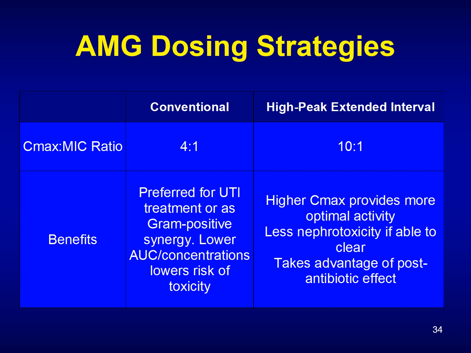And by dosing lower, we're exposing patients to less drug and therefore less toxicity. On the other hand, there are other infections, such as non-UTI systemic gram-negative infections, where we do need a higher Cmax to kill the bacteria. And so the higher Cmax provides optimal activity, and extending the dosing interval allows the patient to clear the drug. It also takes advantage of the post-antibiotic effect.